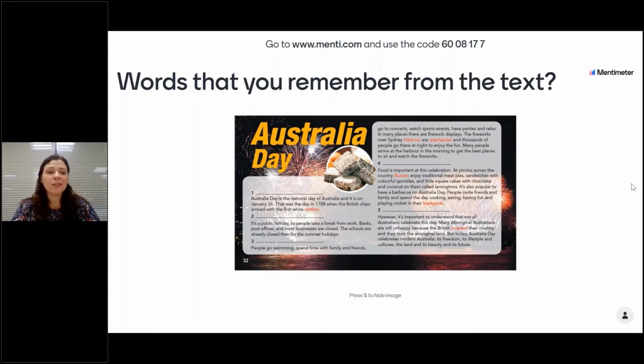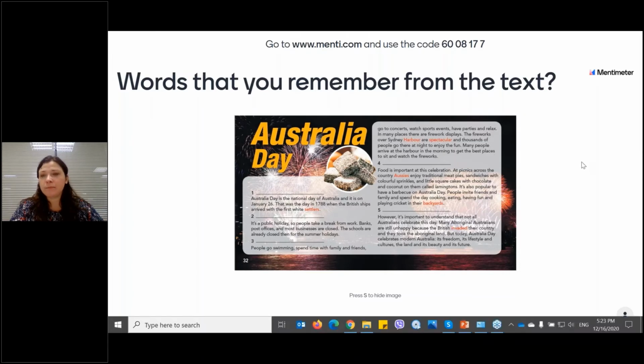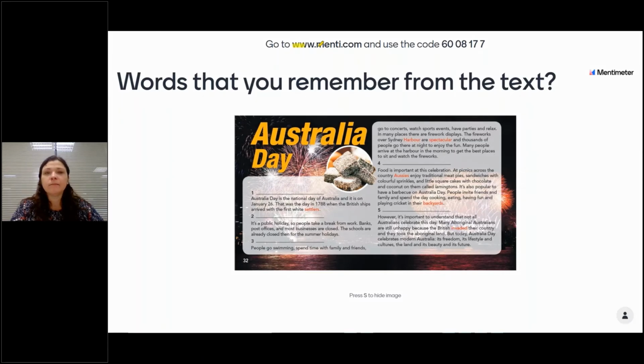Now you need your mobile phones, or you can open a new tab next to. You go to this site, Menti.com, and enter the code 6008177.